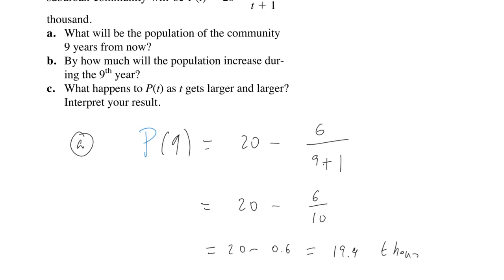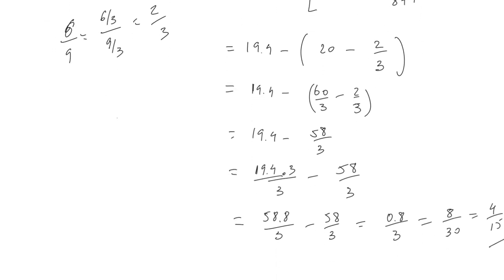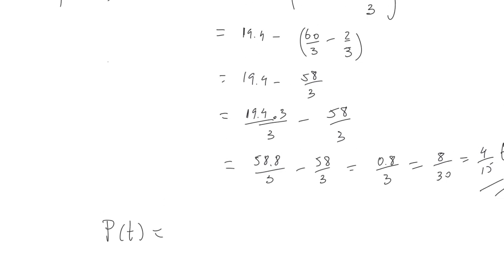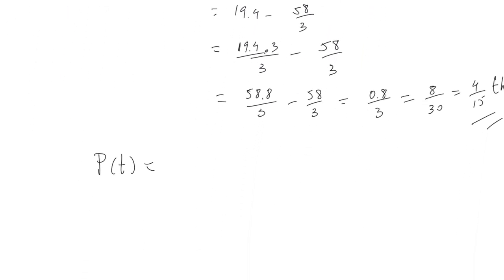Let's go to part C. Let's read what it says. What happens to P of t as t gets larger and larger? Because P of t, the population as a function of time, is 20 minus 6 divided by t plus 1.